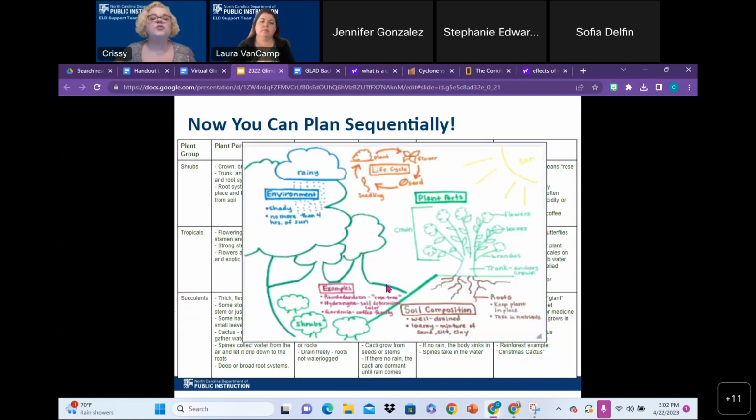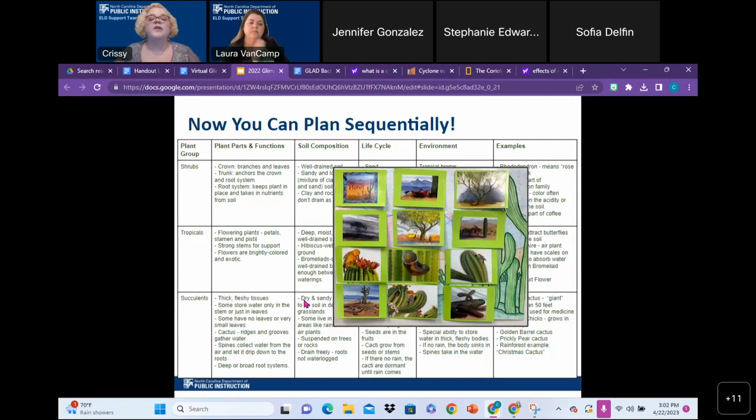Then we moved into direct teacher instruction, and we provided valuable information in the form of a pictorial input chart. We reinforced those standards and that information using a narrative input chart.